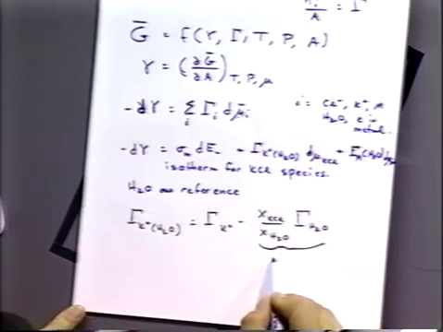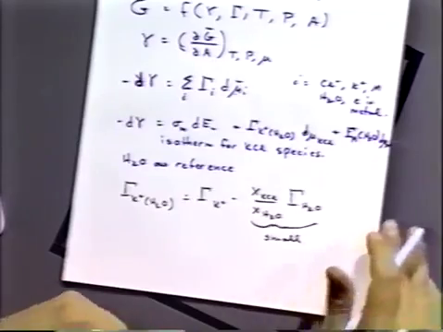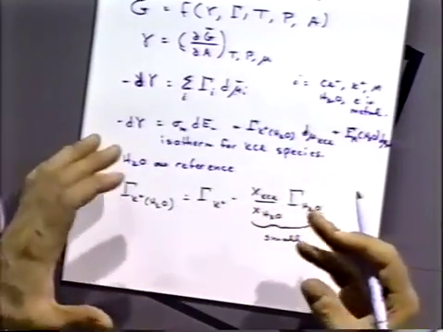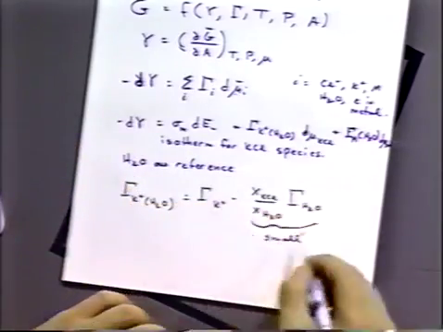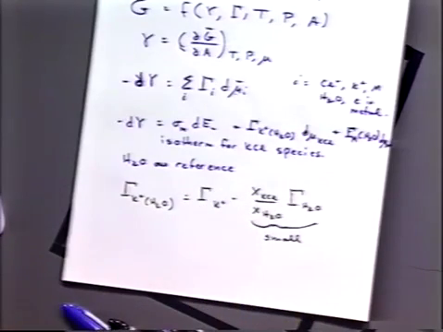And this term turns out to be small under normal conditions where we have small amounts of electrolyte in the system. Usually we have a large mole fraction of water, very small mole fraction of the salt, and so this term turns out to be small enough that usually we can ignore it.